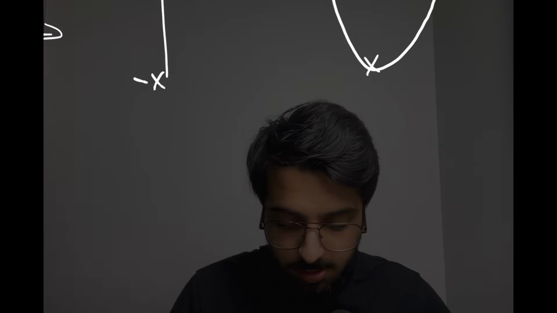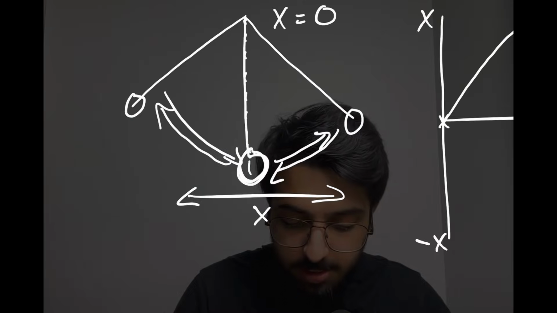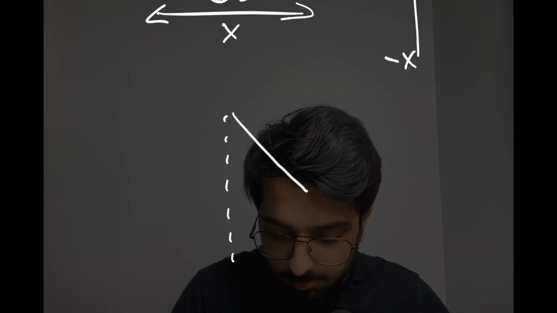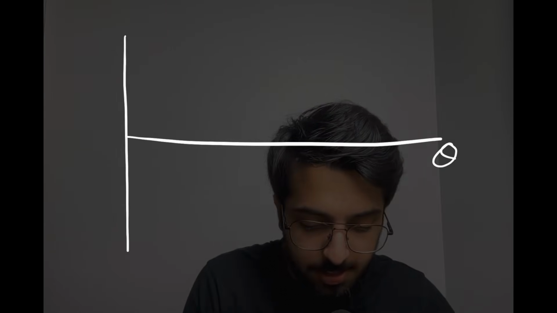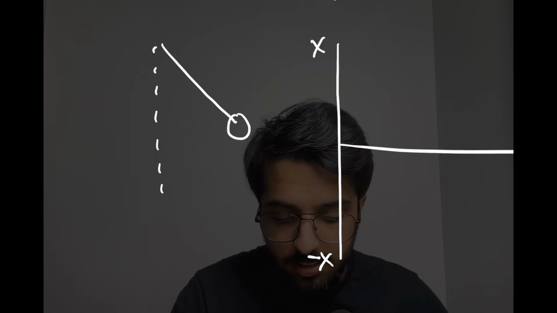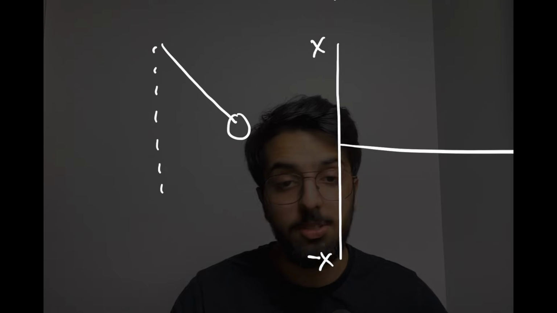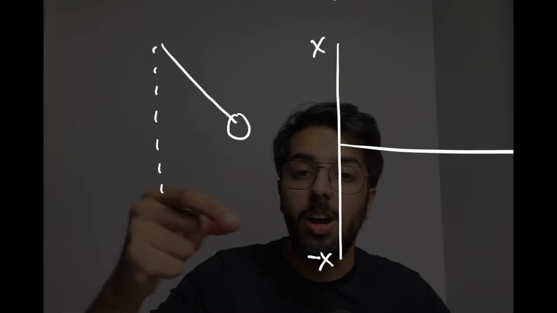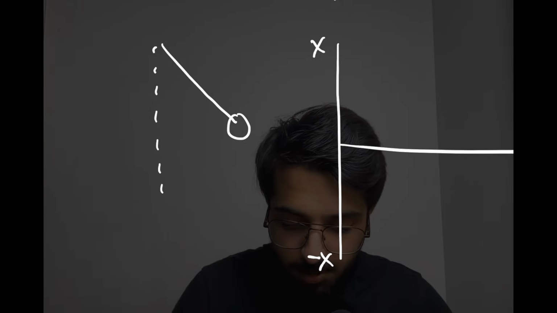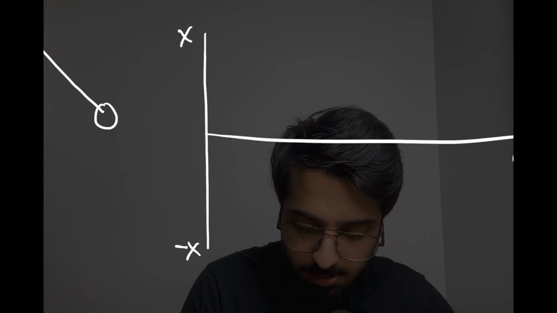Now, alternatively, if we were to start, rather than starting from the mean, at max displacement, we can do the same thing, where we have our graph, where this is theta, this is max displacement, and this is negative max displacement. If we imagine a pendulum, where we're holding it up to max displacement, and then we let it go, we start at max displacement, so we're starting here.